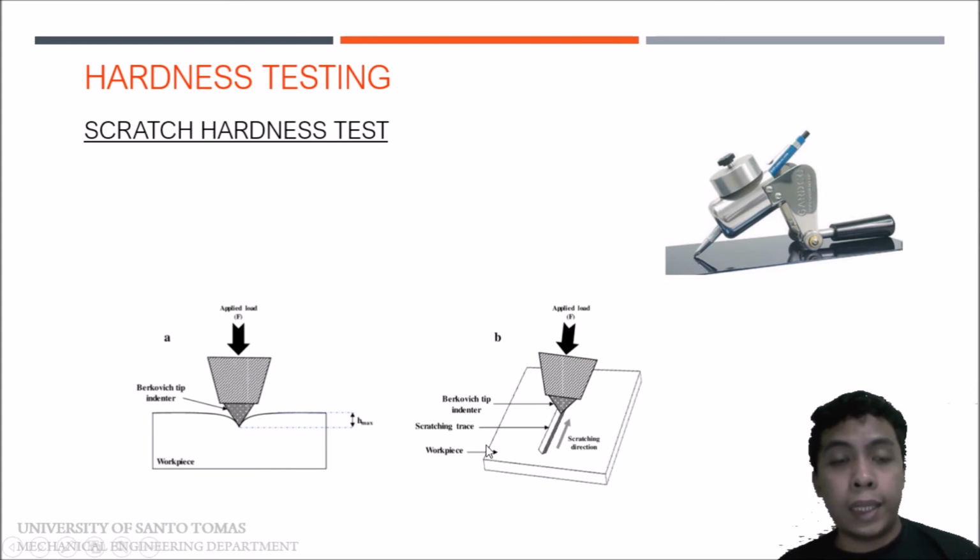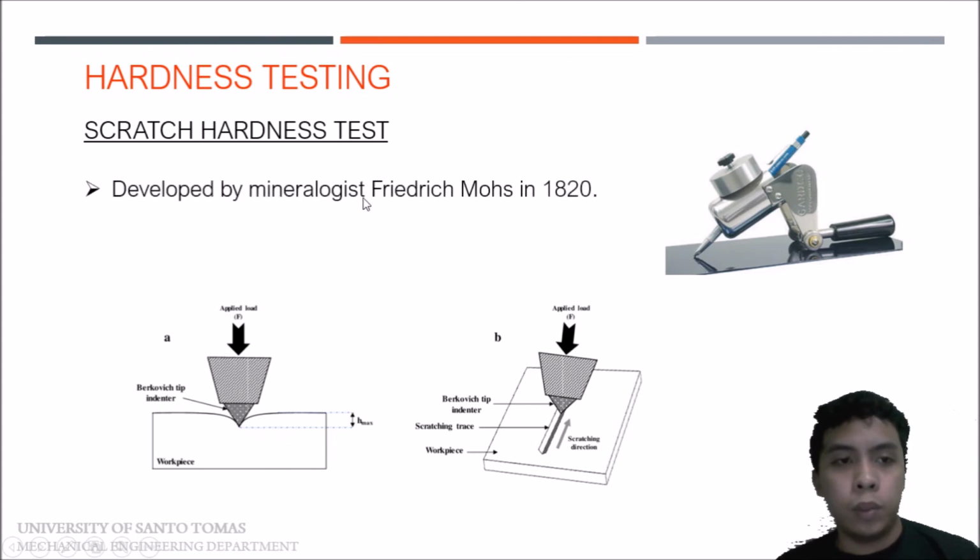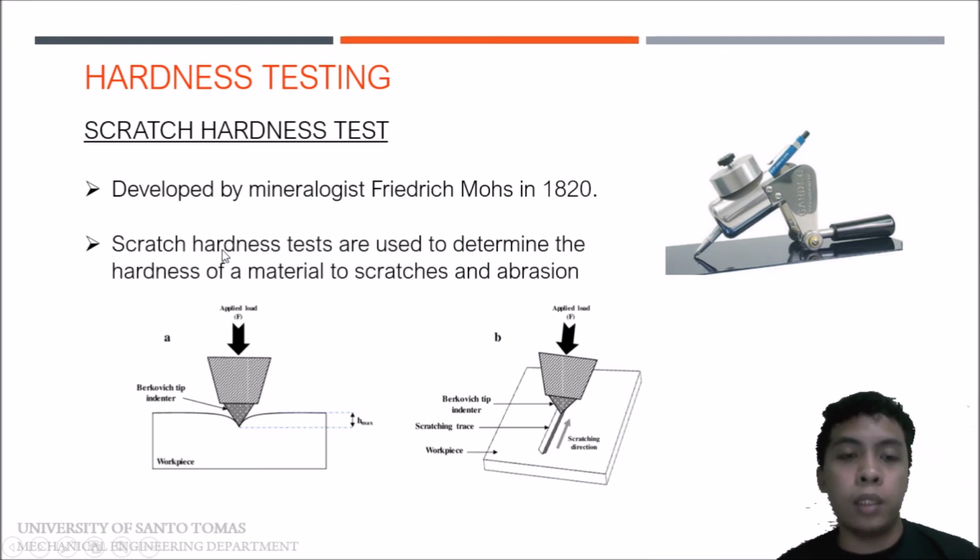Lastly, the last type of hardness testing is the scratch hardness test. Usually it is used for minerals, not for metals and alloys. It was developed by mineralogist Friedrich Mohs in 1820. Scratch hardness tests are used to determine the hardness of a material against scratches and abrasion.